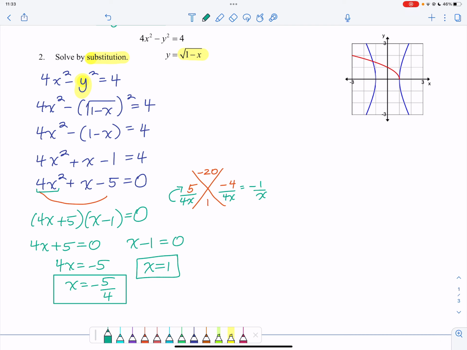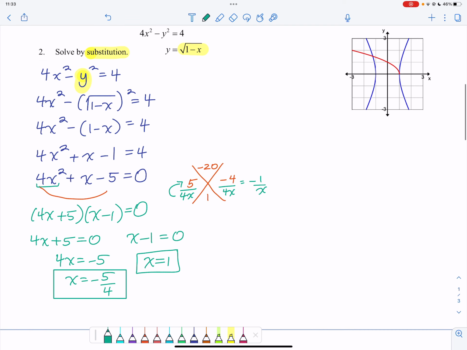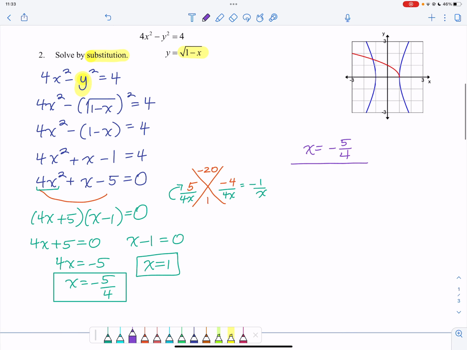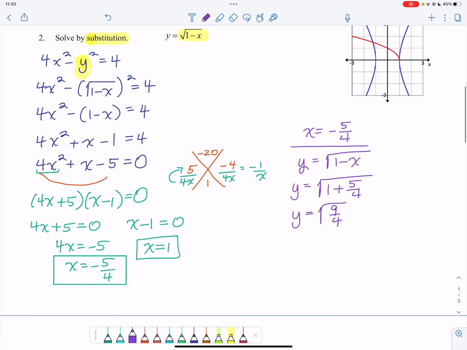Okay, so now let's go ahead and place both of those over here. We have an x equal to negative 5/4. So when x is equal to negative 5/4, we have y equal to root 1 minus x. Y is equal to root 1 plus 5/4. And we have y equal to root 9/4.